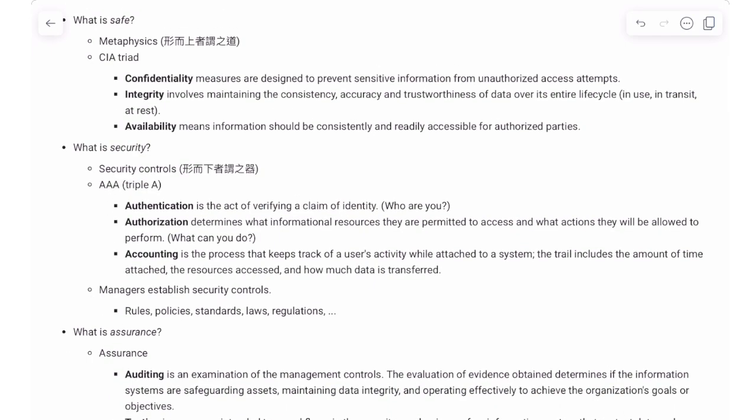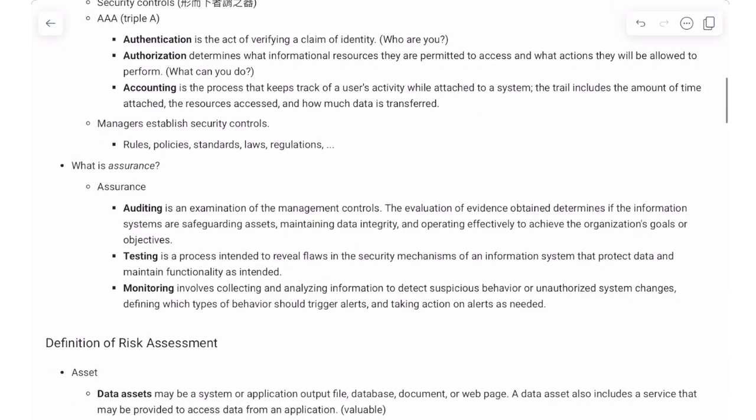Even if the top level manager wants to achieve a certain kind of safety, and even if the middle level manager establishes certain security controls, sometimes students just don't want to comply with them. They do not want to follow those rules.